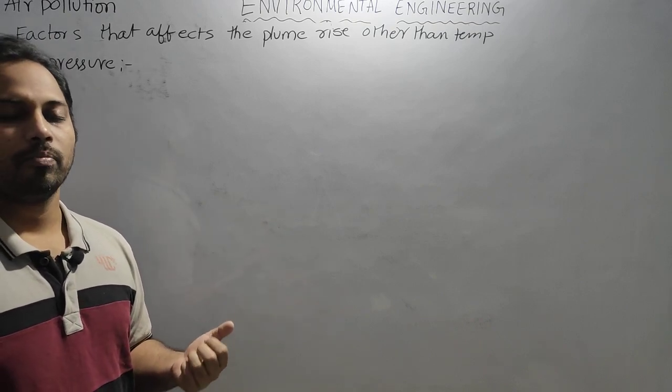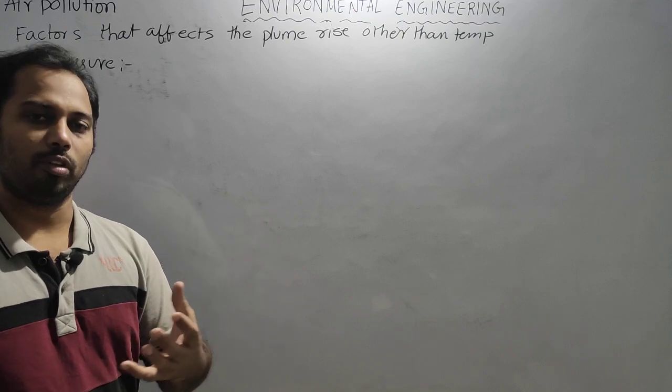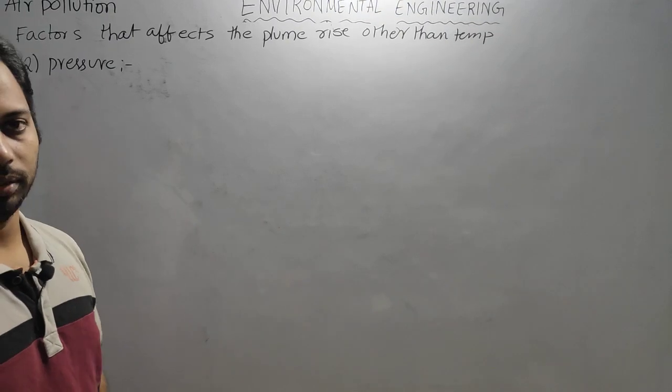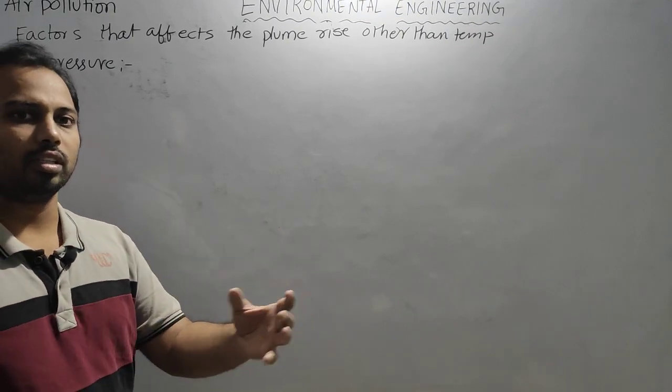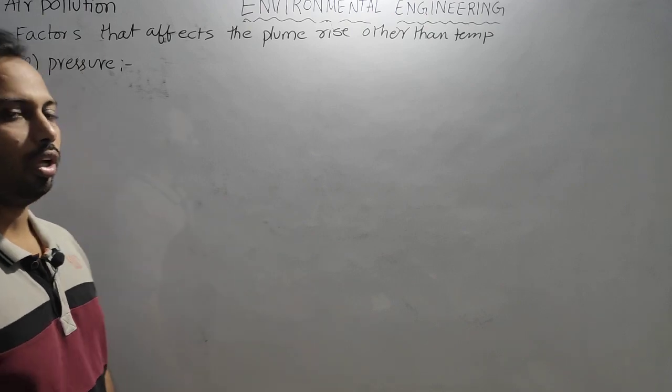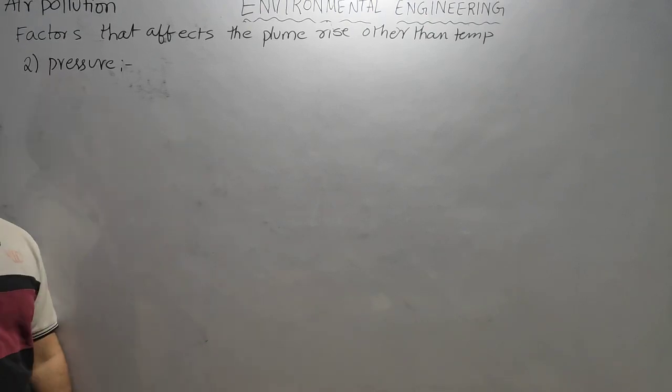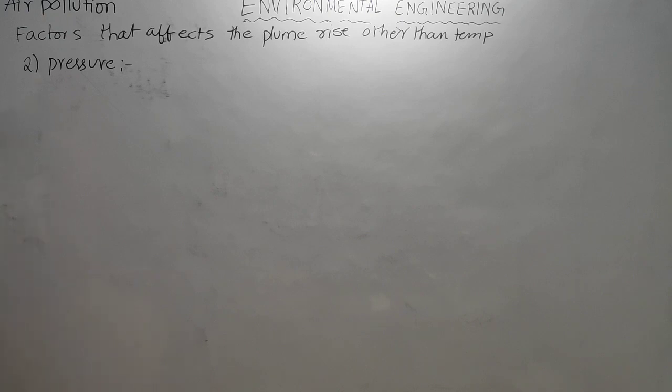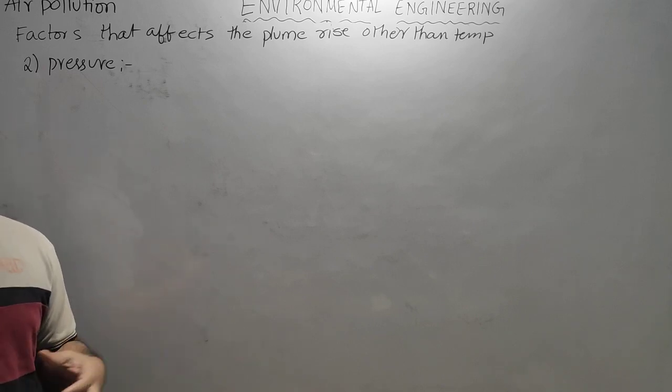That means the pollutant will go in the direction of the sea. So during cyclonic pressure, it will create a highly unstable atmospheric condition in which the pollutant will disperse.